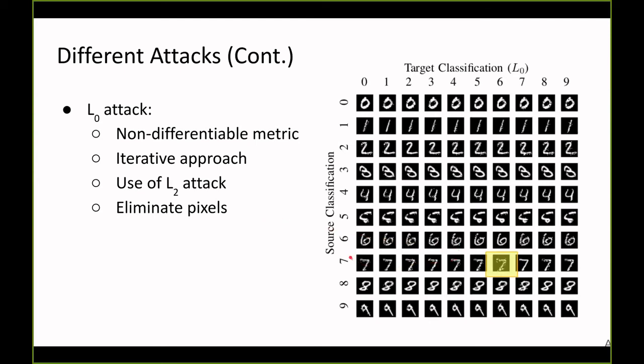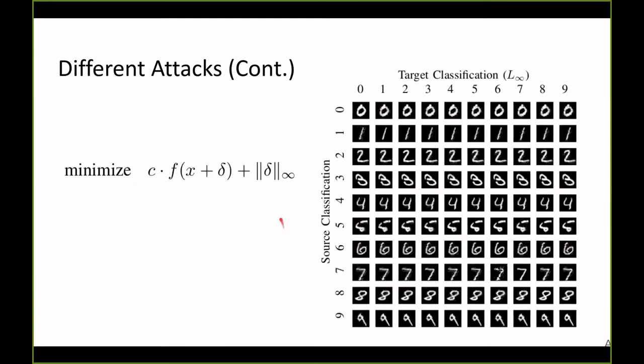And you can see in the worst case, when they tried to classify a 7 as a 6, it looks somewhat similar to a 6. Then they made a note on the JSMA approach. JSMA is just the vice versa of this: instead of eliminating pixels, it includes pixels. That's why JSMA is less efficient, because as it moves on, the number of pixels grows with each iteration.